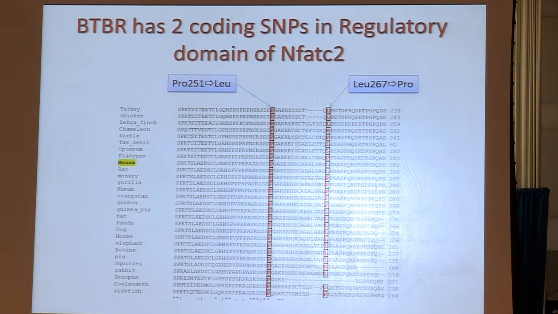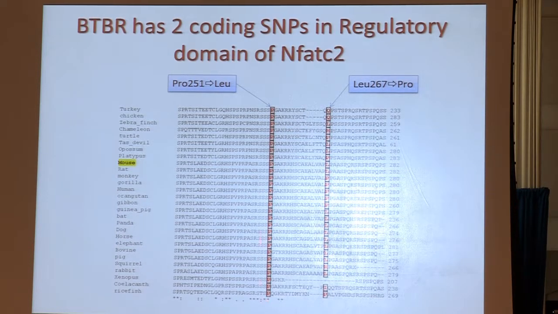And this is actually a region of NFAT-C2 for which we've identified 2 SNPs in BTBR. There's a proline here at 251 that is a proline in every single species that I can get off the database, including the dinosaur fish, coelacanth. But this proline is a leucine in BTBR mouse, okay?